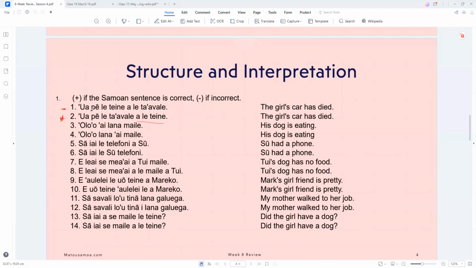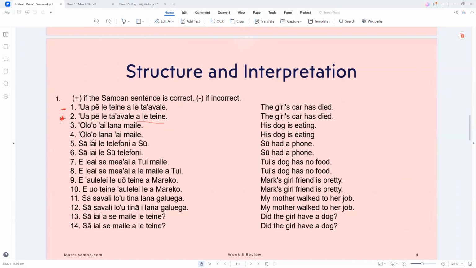Great. And this up here, it's unfortunate. I don't even want to say that. So this one, Olo'ai Lanamaile. Does that mean his dog is eating, or is it Olo'olana? Which one of these is correct? His dog is eating.